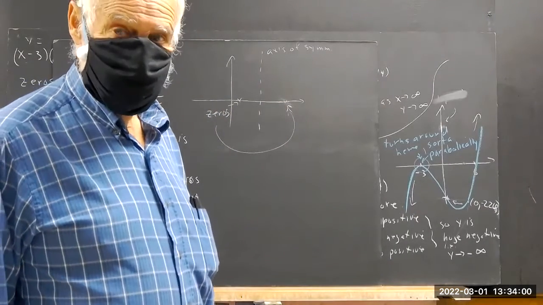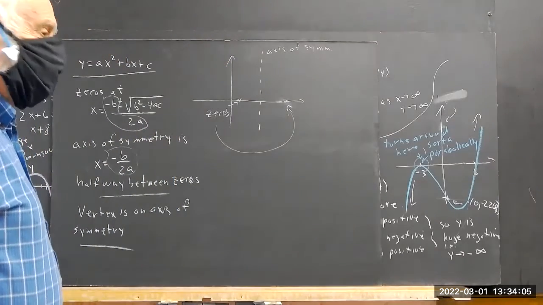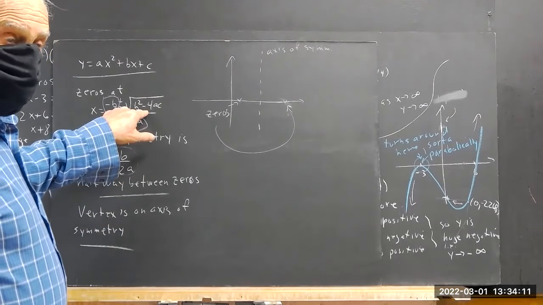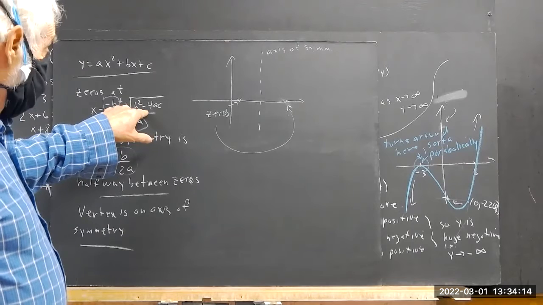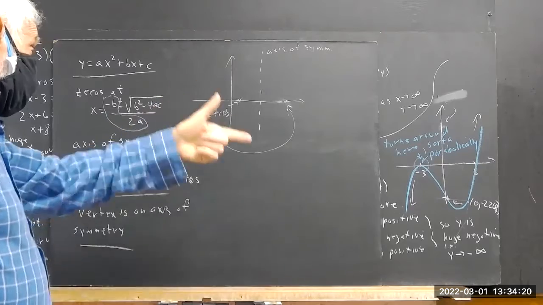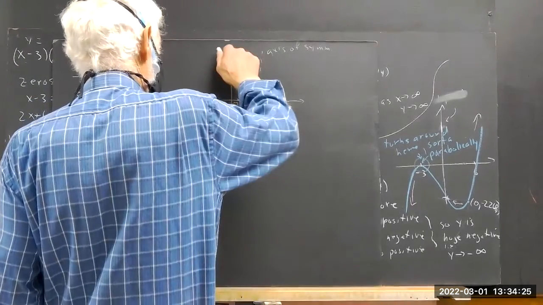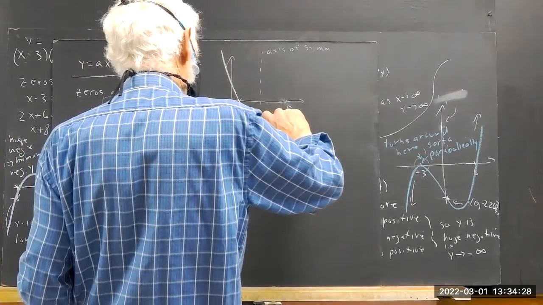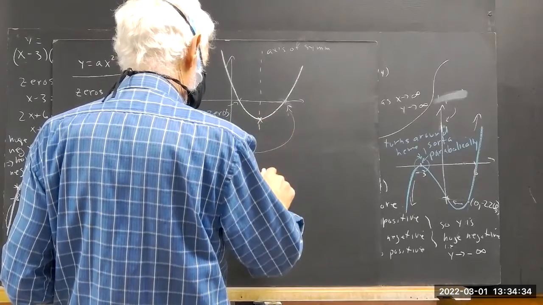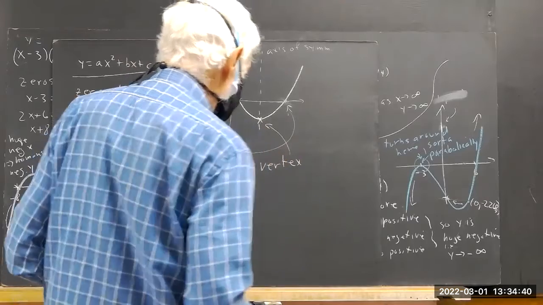Even if you don't have zeros, the axis of symmetry is halfway between the complex zeros, if you wish, or just it occurs at negative b over 2a, whether this quantity inside the radical, which is called the discriminant, is positive or negative. Okay, there's the picture. So your parabola might be upside down or right side up. I'll draw it upside down. And here's your vertex.